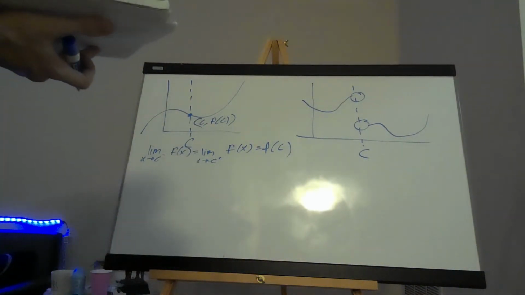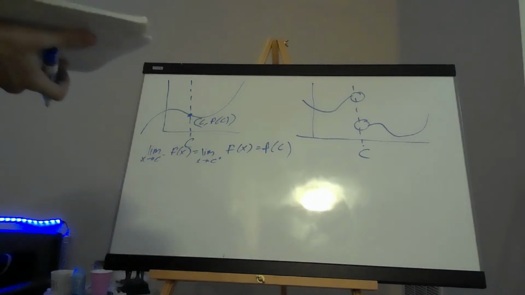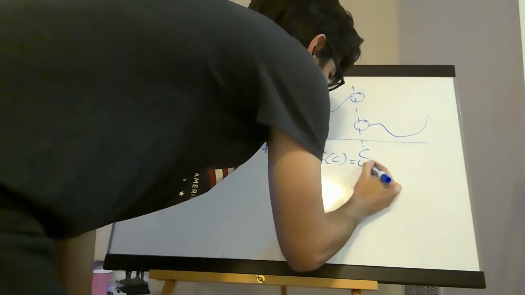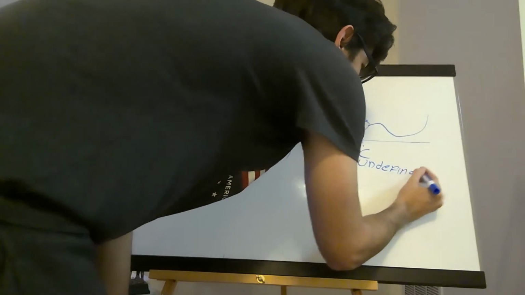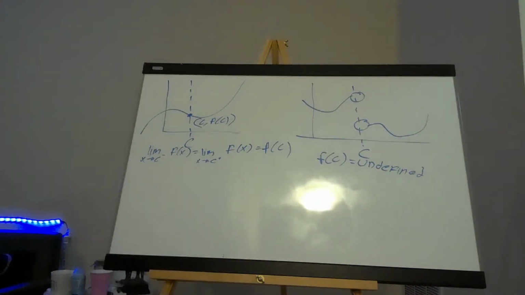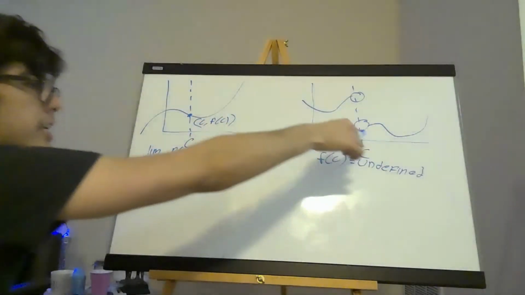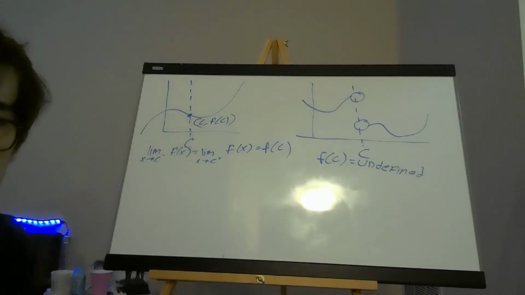So this right here is going to obviously be undefined for f of c. f of c equals undefined, which means that this is not continuous. And the reason is because these holes mean that this is going here and then continuing here, but at c there is no limit, so it does not exist, which means that this is discontinuous.